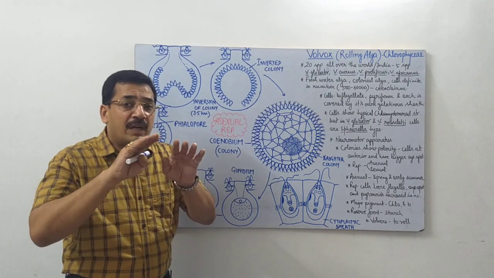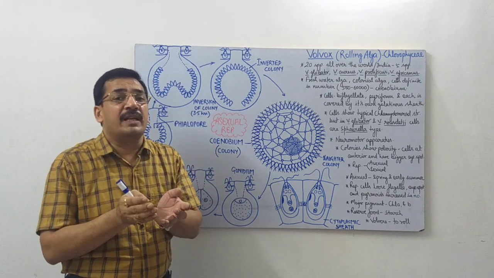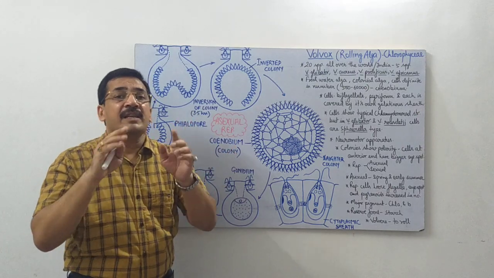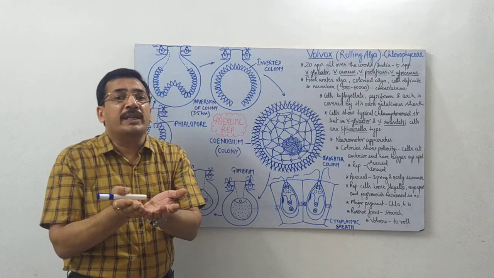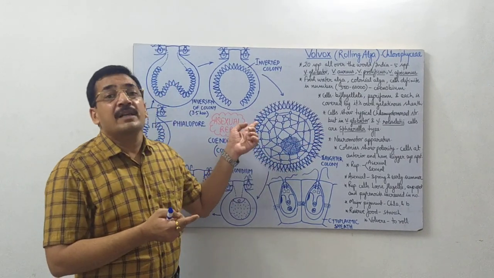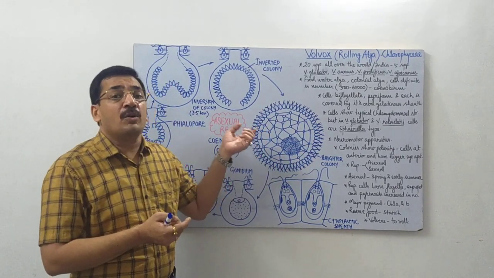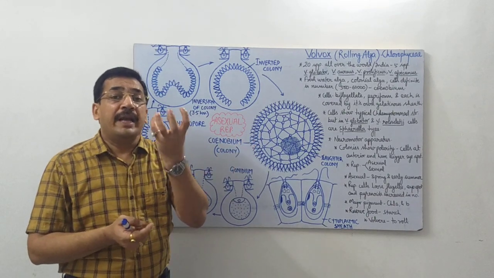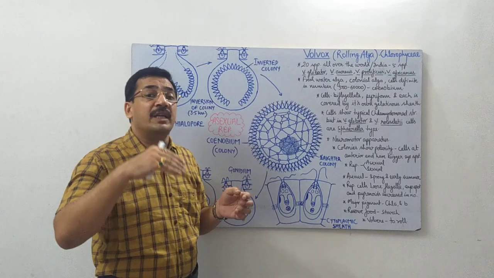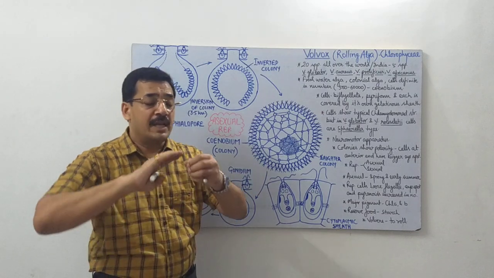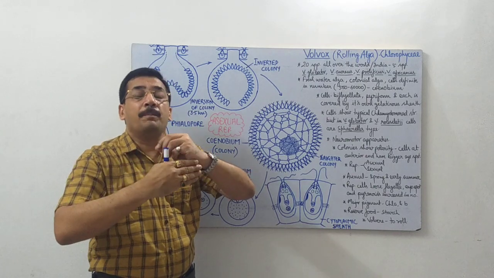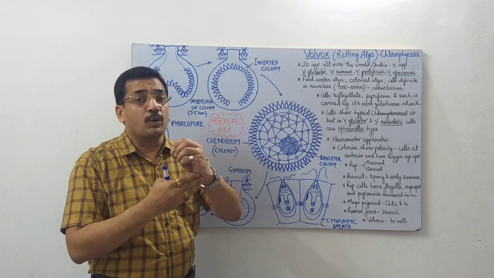So these 500 to 60,000 cells are aggregated in a single thallus in the form of a colony, and this colony of Volvox is called a coenobium. It looks like a ball, and all these cells are arranged at the periphery of this coenobium.